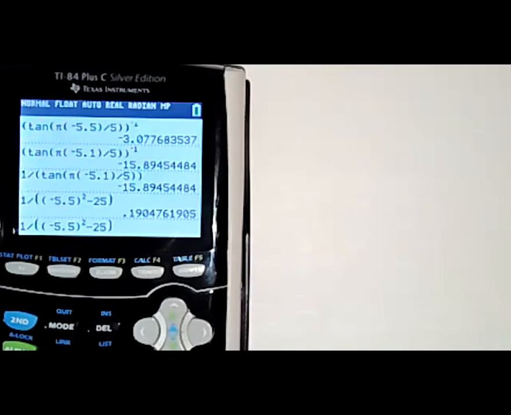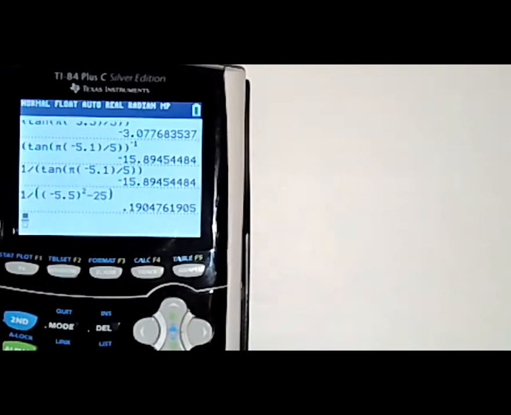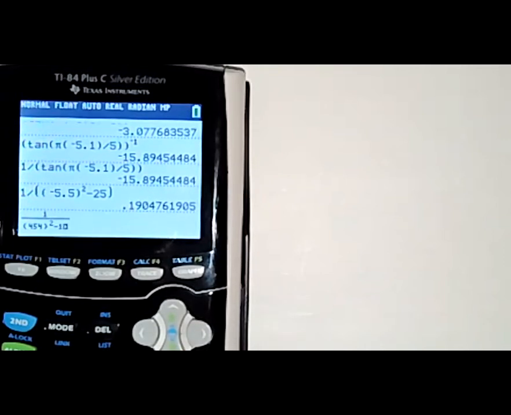Okay, so I have to put the parentheses. Yeah, be careful. You could also do it this way if you forget. You can create a fraction. So you can do 1 on the top, and on the bottom put 1 whatever, squared minus 1 or minus 25, right?